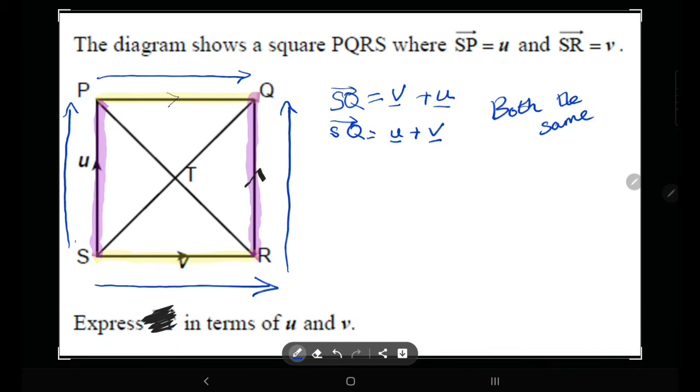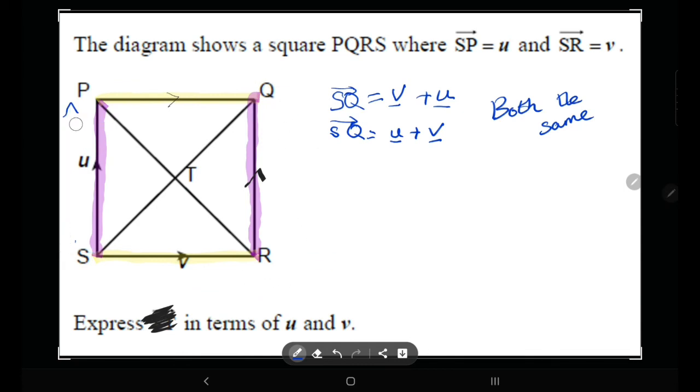So that was a nice example. That example took us from point S to point Q without too much of a faff in between. Let's have a look at a different journey. What if I went from point P to point R? How could I make that journey? Again, we have two choices.